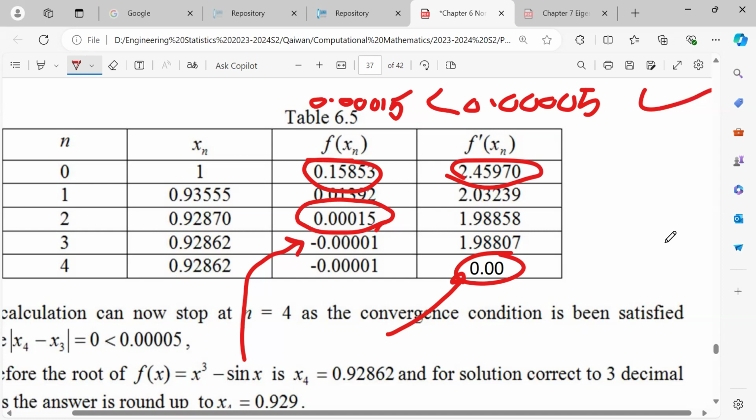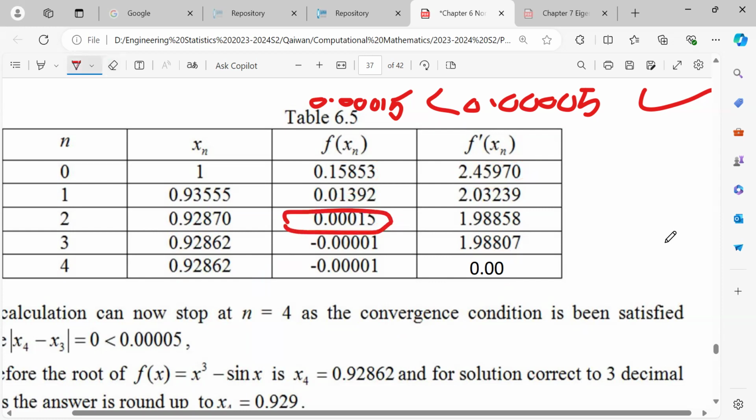So this one is not less than that value. That's why we need to do another step. We need to do another iteration. At this step, we have to find the next iteration.